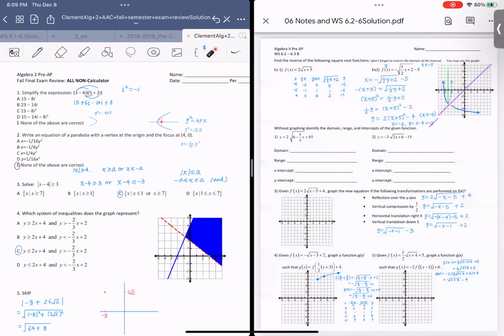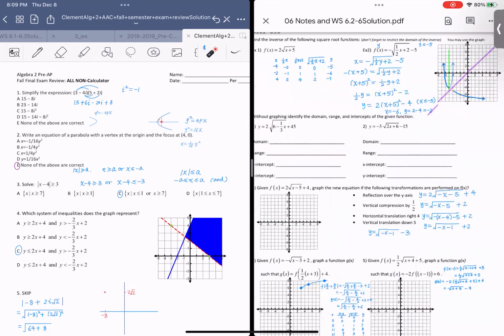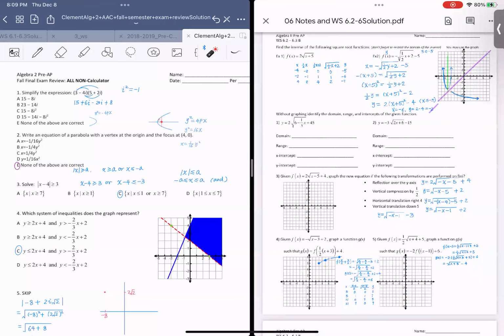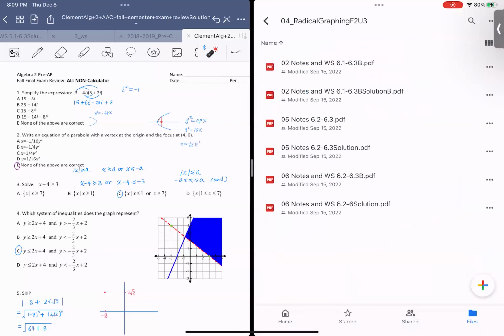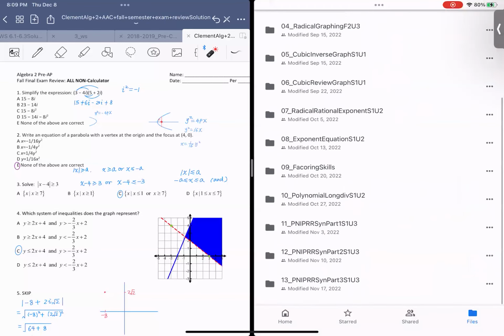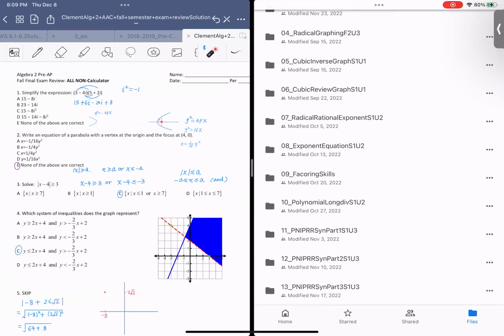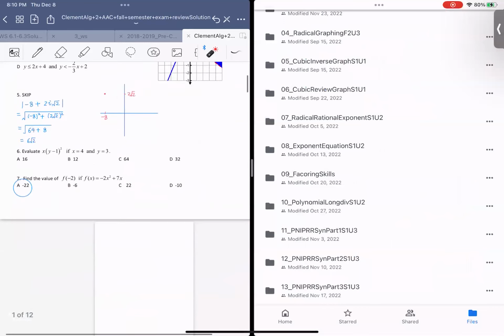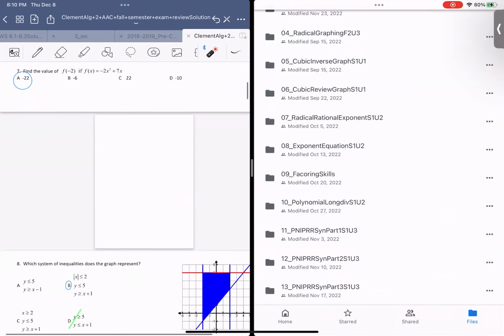Okay, that's for those radical graphing. As long as you know the vertex, and then you need to make sure you go to the left, you go to the right, you go up, you go down. And then we solve the factoring skills. We also go through the factoring skills. That's for our whole fall semester.